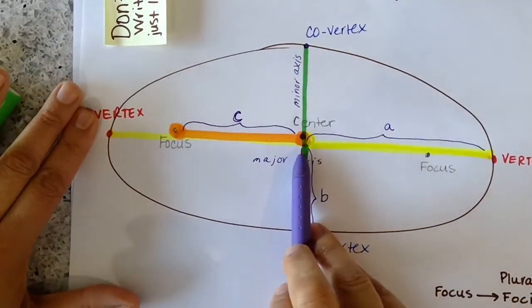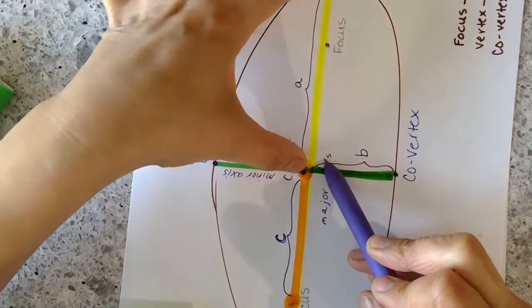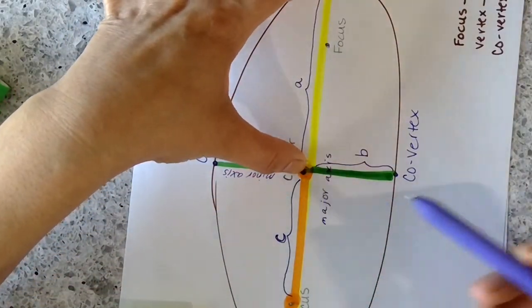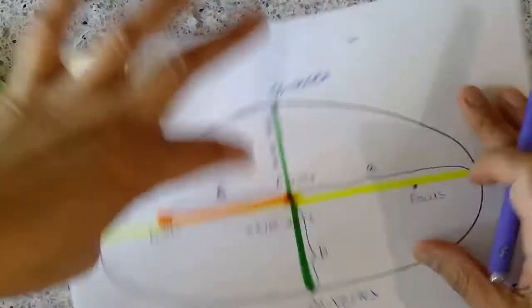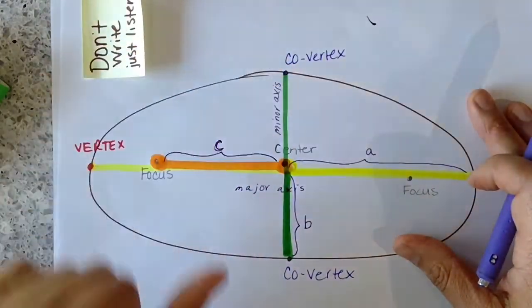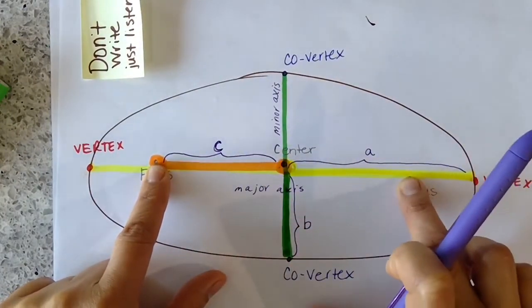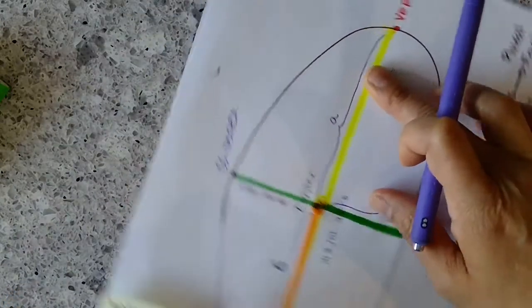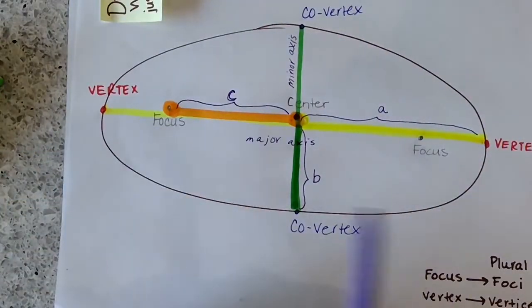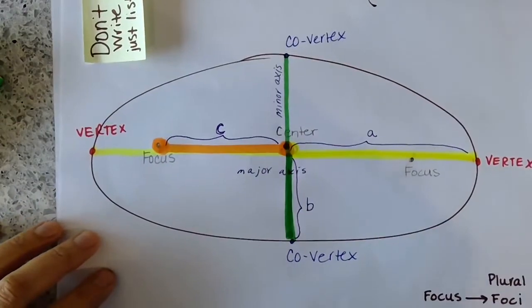So again, regardless of how it's oriented, from center to vertex is your A value. From your center to your co-vertex is your B value. From your center to your focus point is your C value. Okay? And you can actually look at these and say, which one of these values is going to be the greatest? Well, it has to be your A value.